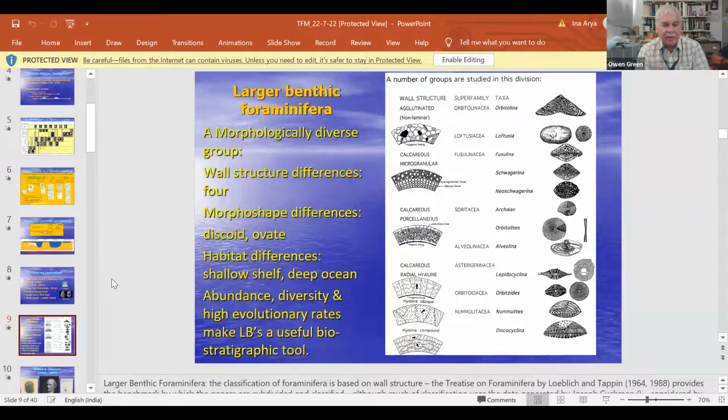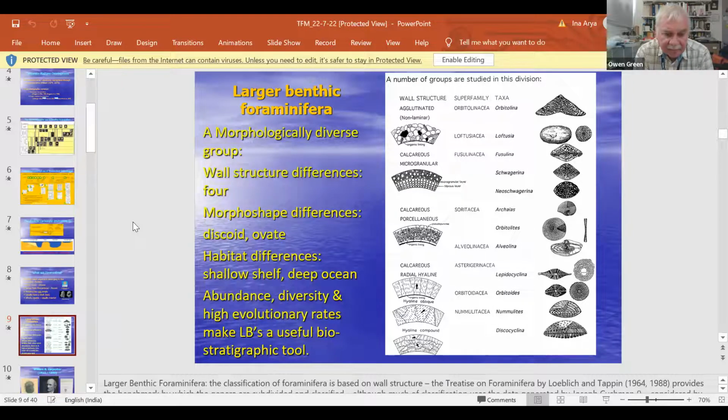So the group that I really want to introduce you to and talk about are the larger benthic foraminifera. It's a morphologically diverse group, and the diagram here illustrates that there are different wall structures, which you can actually see. The wall structure is one of the ways of identifying the type of foraminifera that you've got, and that's really key in any stratigraphical work that you might be working on.